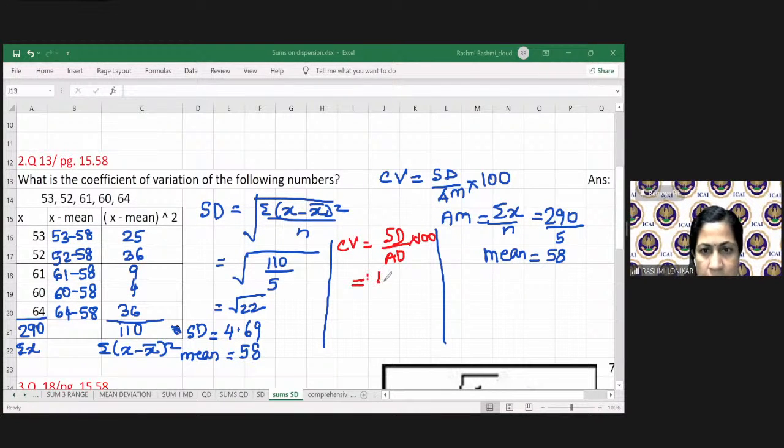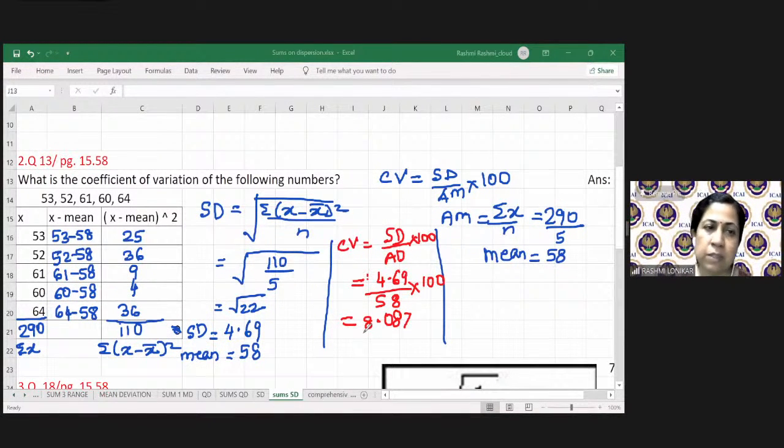SD is कितना आया? 4.69. How much is arithmetic mean? 58 into 100, right? So how much is this? 4.69 divided by 58 into 100 is 8.087. Okay.